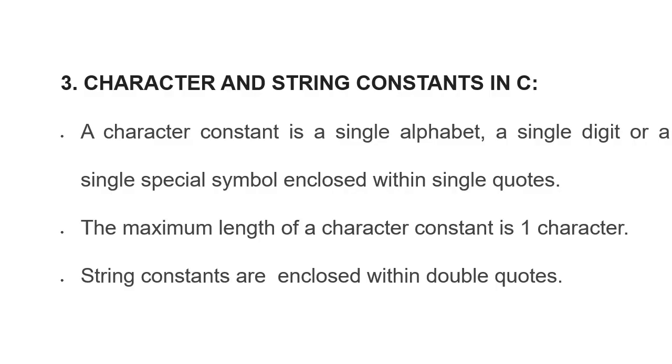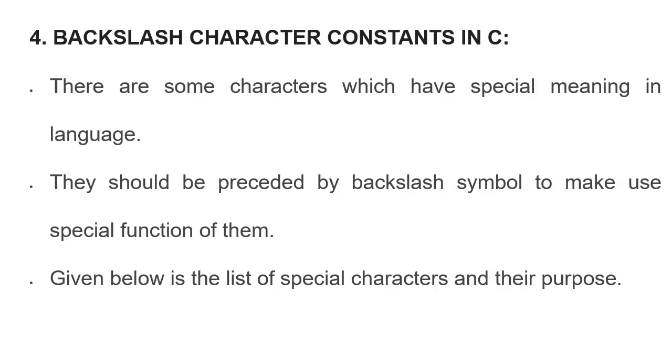As I already told you, character constants are written in single quotes, and that may be an alphabet, digit, or special symbol, with only one character. The maximum length of a character constant is one character. Then string constants are enclosed within double quotes.